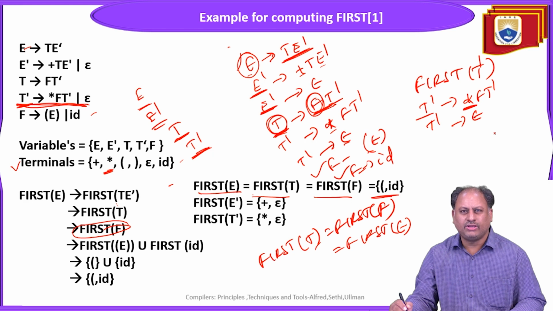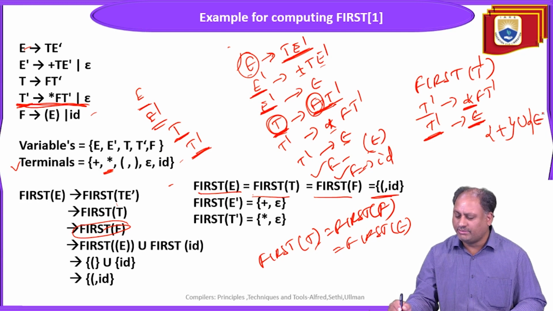Three rules are available for the computation. As the first rule, the terminal is included, so star. And one more computation, union epsilon. As the third rule, whenever epsilon appears in the computation, the result automatically includes epsilon also.